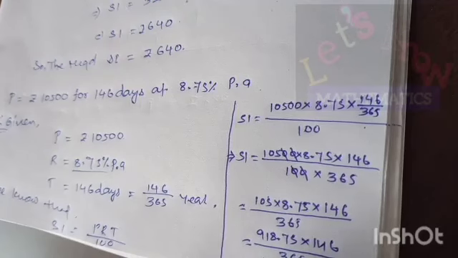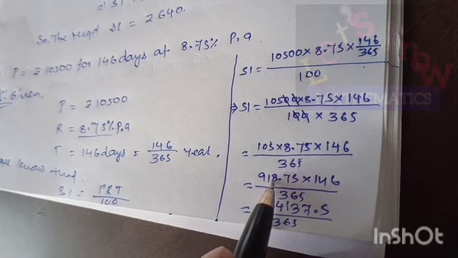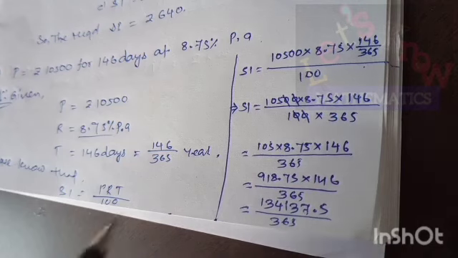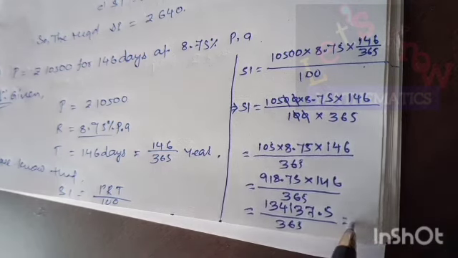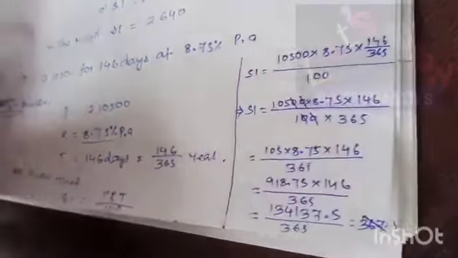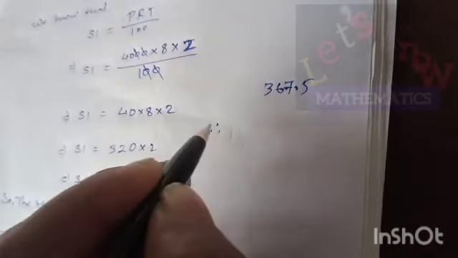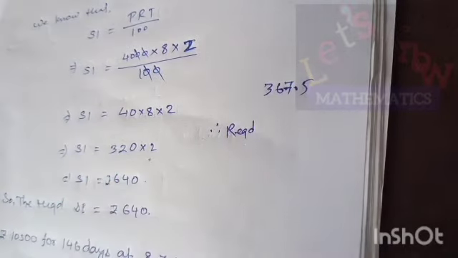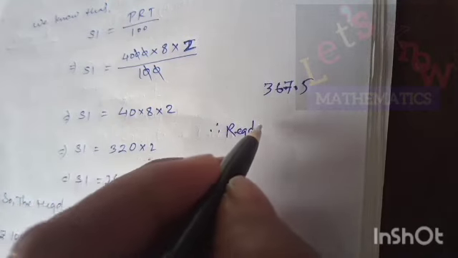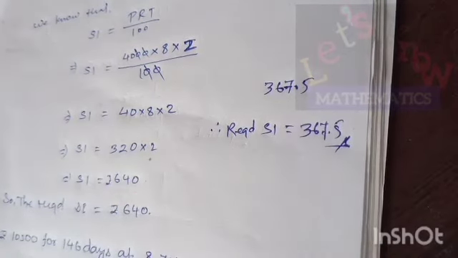If we divide it by 365, we will be getting 367.5. Hence, the required SI, we need to find the SI, so required SI is equal to 367.5. Understood, guys? Very good.